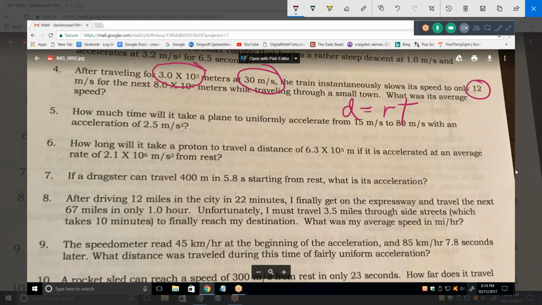And we travel this distance at that speed. How long did we take? Now let me write it out a little bit. We've got 10 to the third. So we got that distance, 3,000 meters.